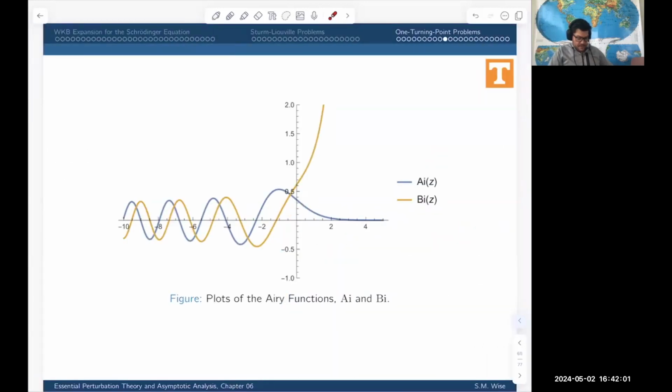Airy's function of the first kind is shown in blue. Both of them are oscillatory as you go to minus infinity, and both are exponential as you go to plus infinity. Airy's function of the first kind is exponentially decaying, and that of the second kind is exponentially blowing up.